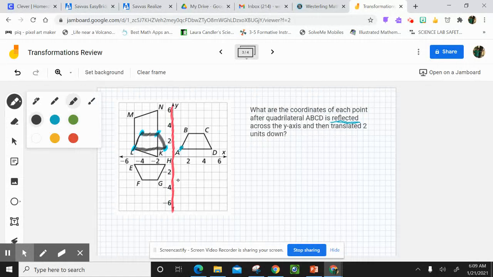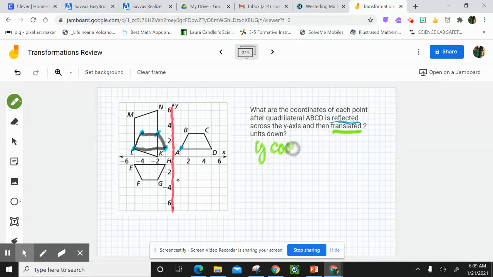Then I'm going to do my translation. Okay, so it's 2 units down. So all we're doing is changing the y coordinate there. So A is now at 1, -1.